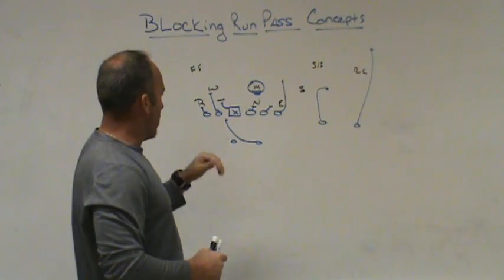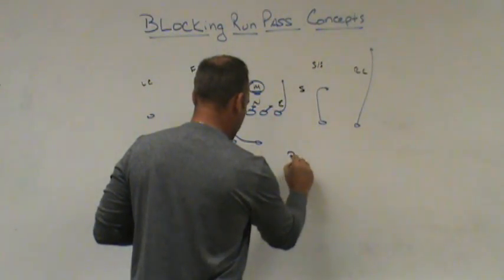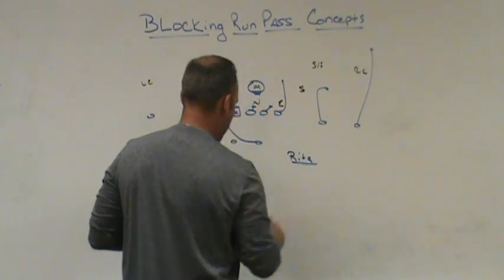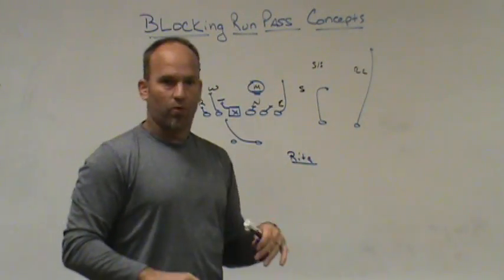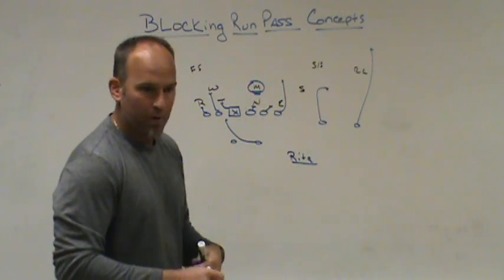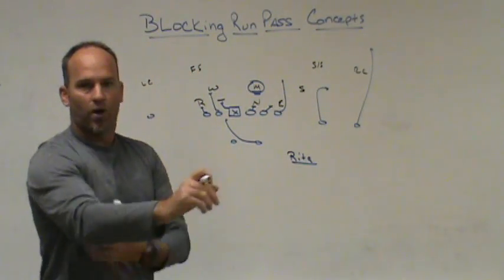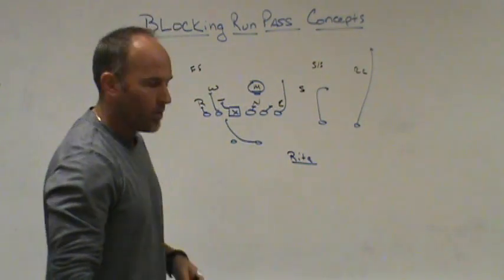For argument's sake, if this was a read a call, that meant we were throwing the ball to the right, so my right side offensive linemen had to be a man-on-man, big-on-big scheme. My center would then turn the protection to make the left side, the zone side, away from the read a call. Okay?